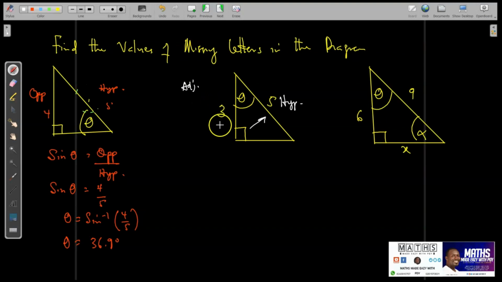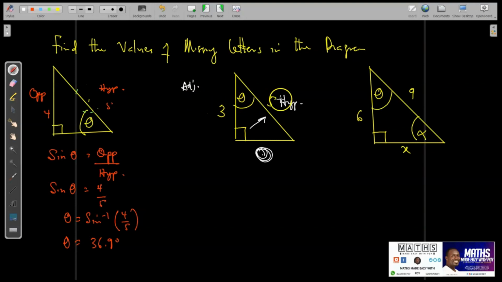So the position of 3 is adjacent. If we should have had a value here, then that value would have been directly opposite to theta. Are you with me? But we don't have any value here. So in this diagram, we only know the hypotenuse and the adjacent side.